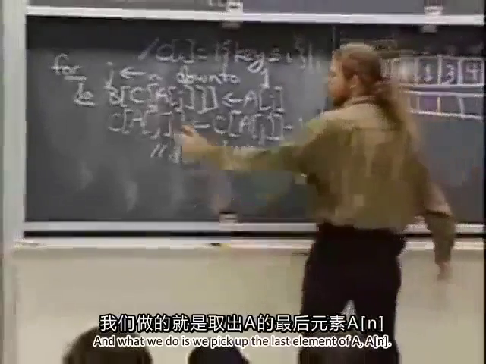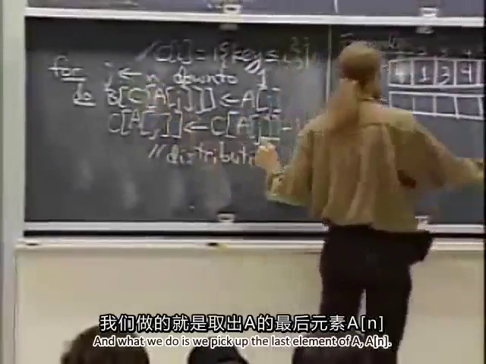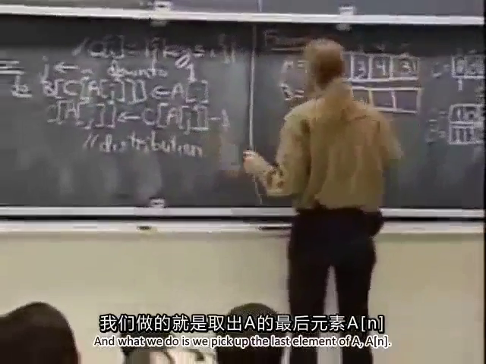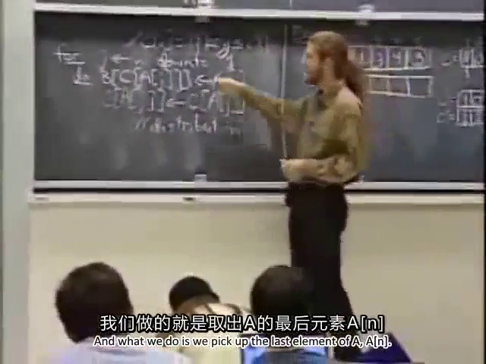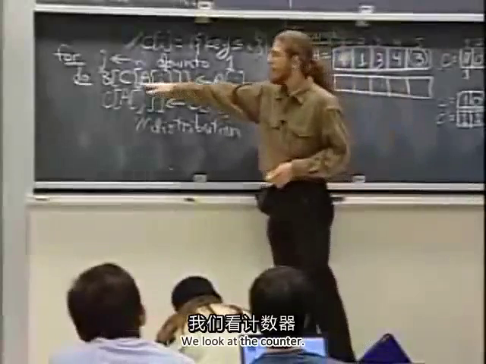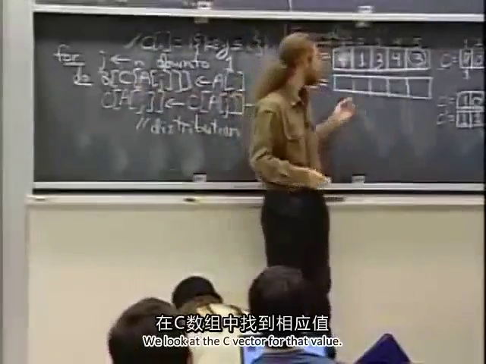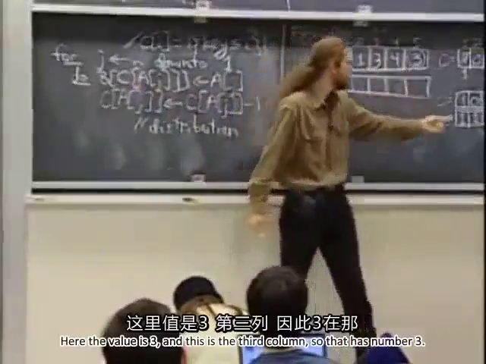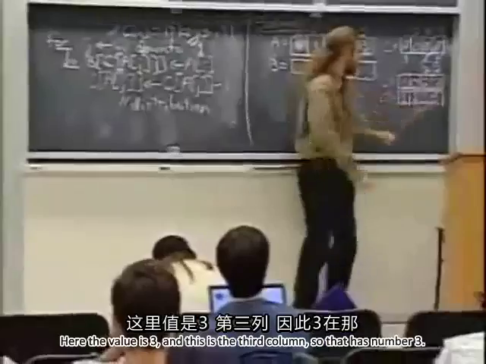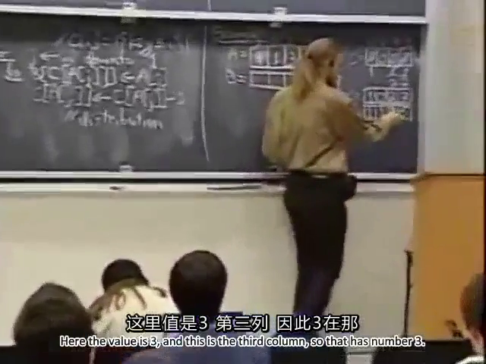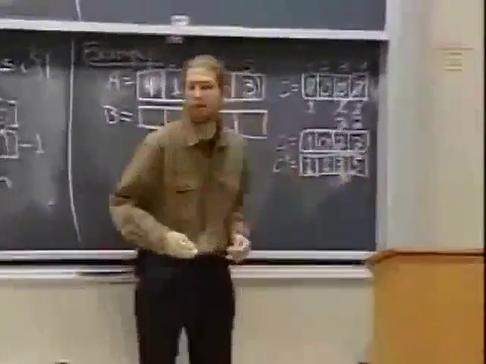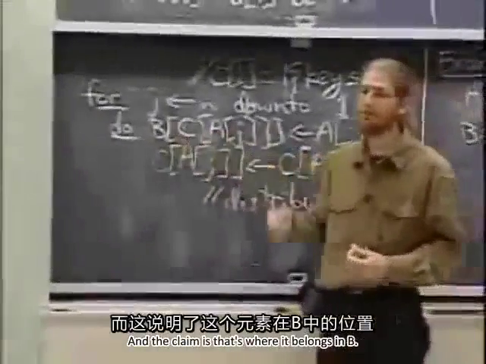And what we do is, we pick up the last element of A[n]. We look at the counter, the C vector for that value. Here the value is 3, and this is the third column, so that has number 3. And the claim is that's where it belongs in B.